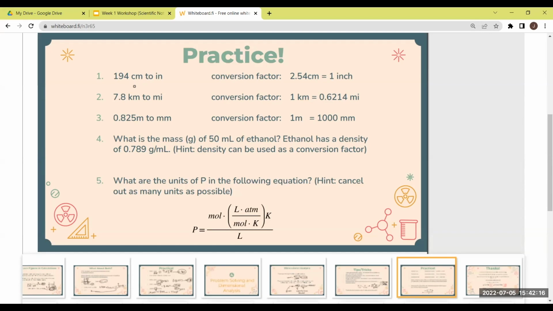For this first one, we have 194 centimeters to inches. The given unit is going to be 194 centimeters. The conversion factor is 2.54 centimeters is equal to 1 inch. So I can put this conversion factor down here.